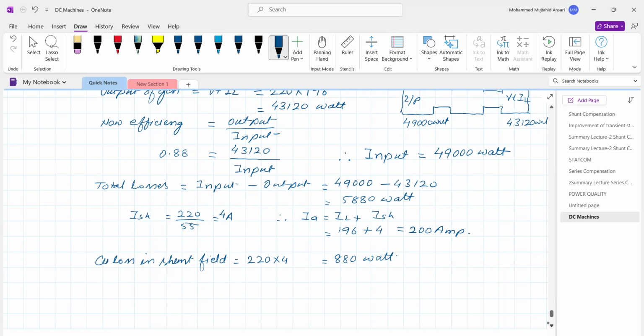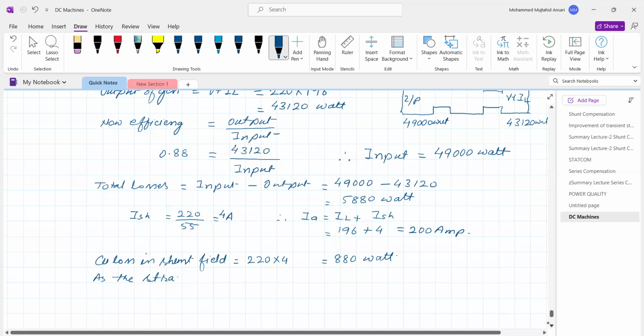As it is given, the stray losses are equal to 720 watt, which is given in the numerical.